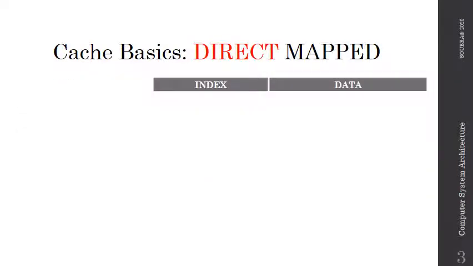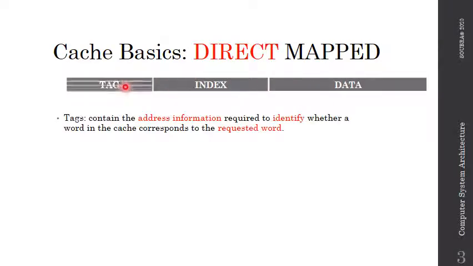Alright, so this is why we divided our main memory address into an index and a tag. The index is nothing but the address within the cache, and the tag is the thing that helps in differentiating between the different words that might share the same block within the cache.